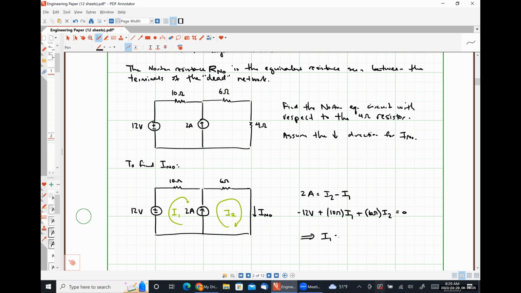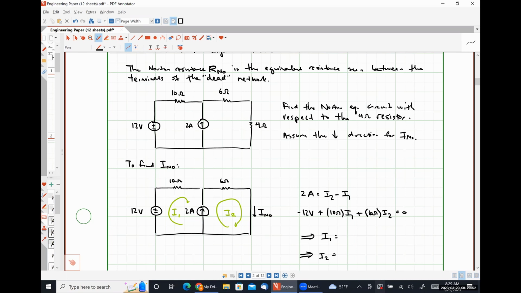Solving this. Throw this in a calculator real quick. I have a 2x2 system of equations. So my coefficient for I1 in my first equation is -1. My coefficient for I2 in my first equation is +1. My constant term is 2. In my second equation, my coefficient for I1 is 10. My coefficient for I2 is 6.